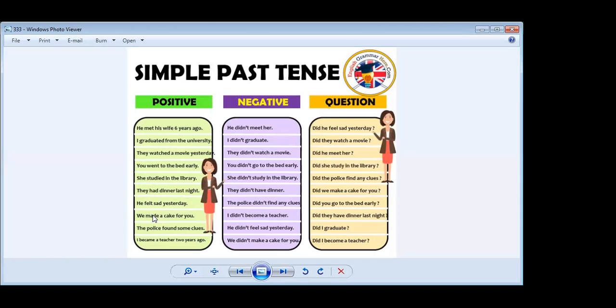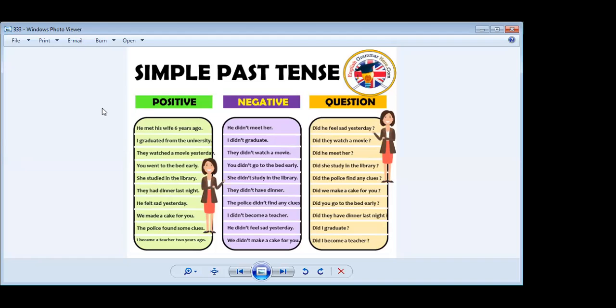Can you see? Here we have felt, made, found, and became. Okay, so look here. What can you notice? Can you notice that some of those verbs have ed and others don't have ed, okay? So here we have the verb in the two form.